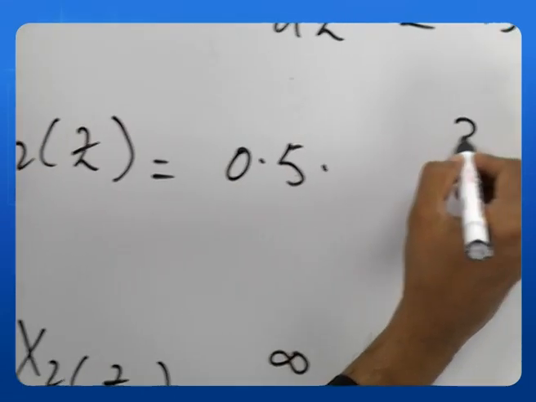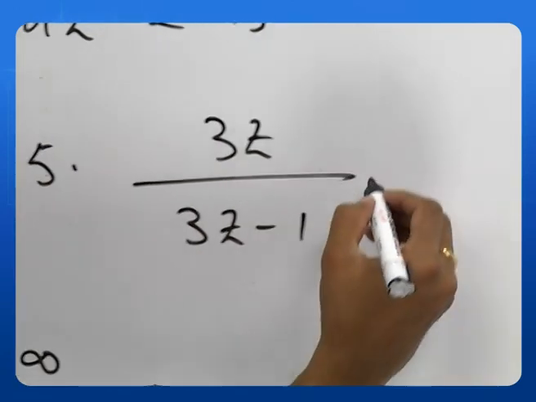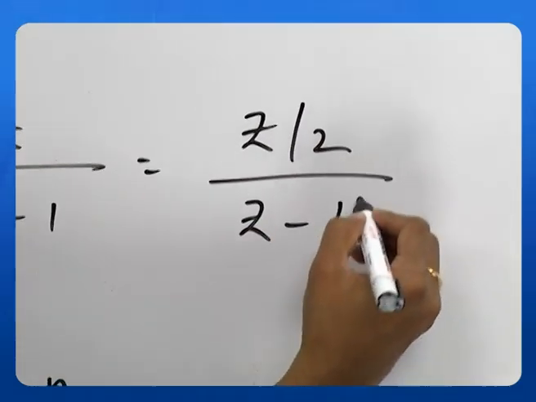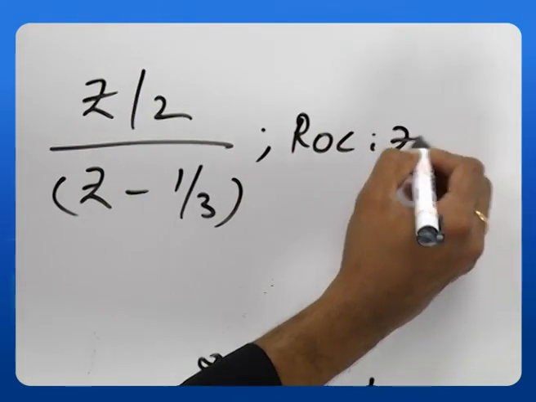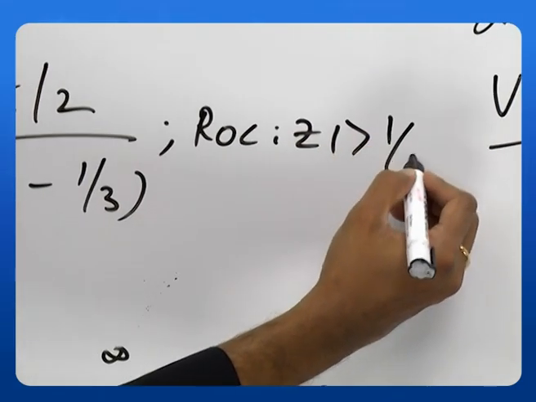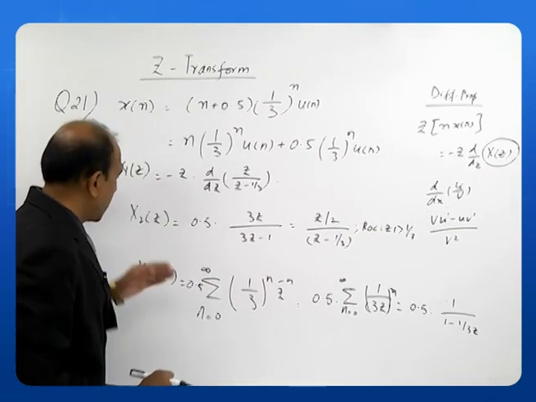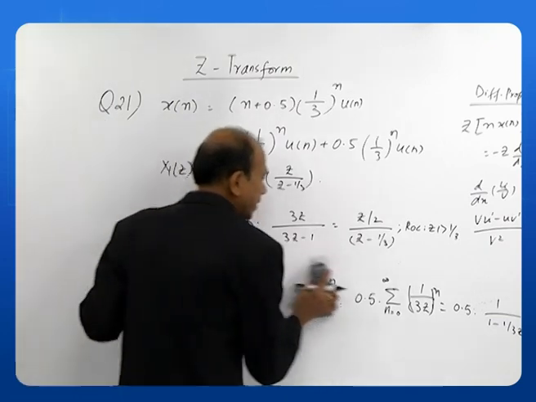0.5 into 3z by 3z minus 1. So this is equal to z by 2 by z minus 1 by 3, and again ROC is z greater than 1 by 3. Okay, so this is the answer. Now what is the total x of z here?